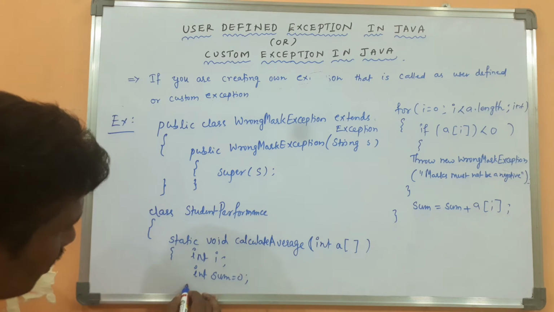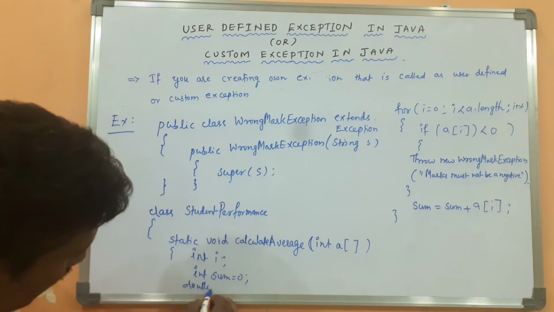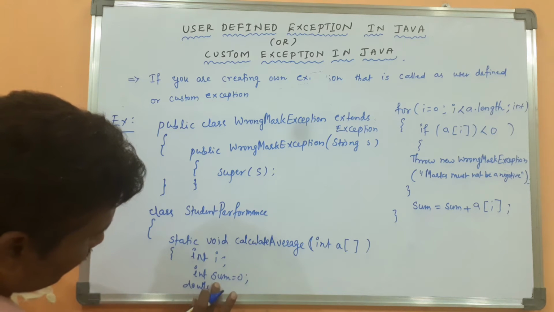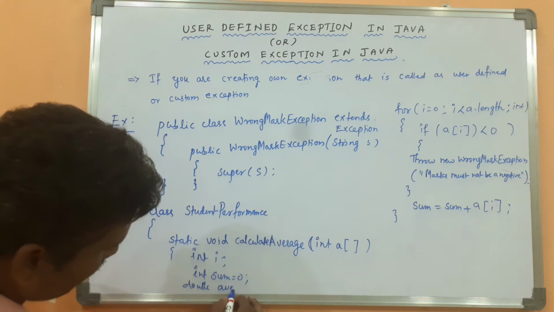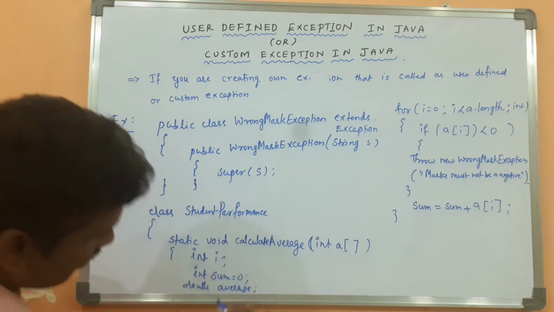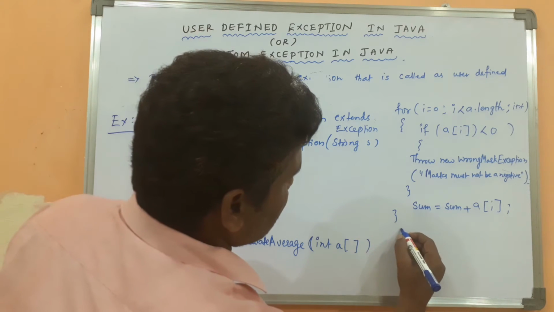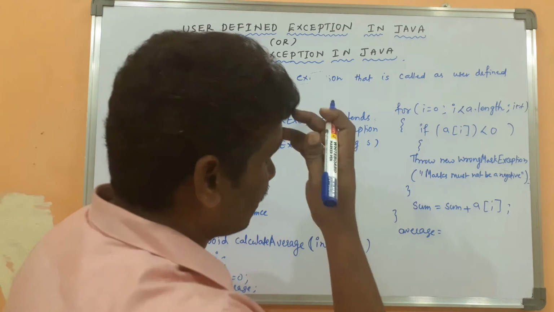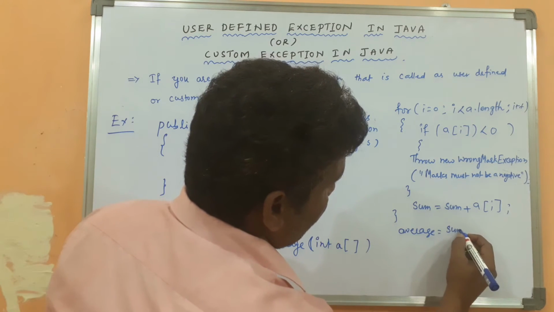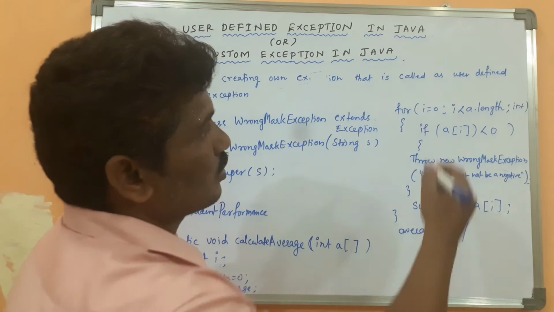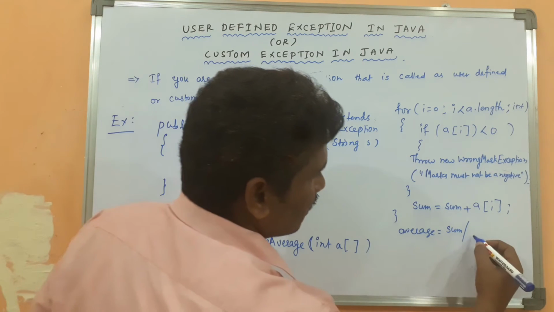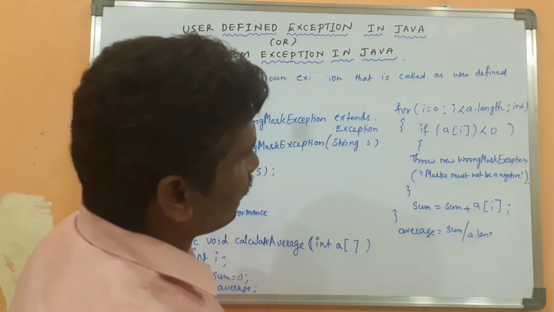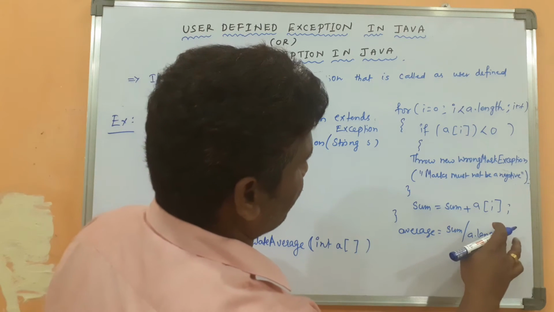Then double average equal to sum divided by a.length, the number of marks, then you can find out the total marks also.